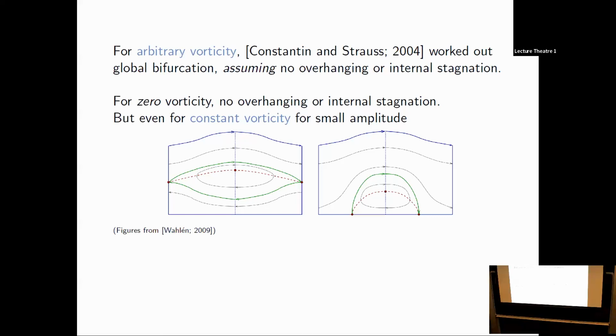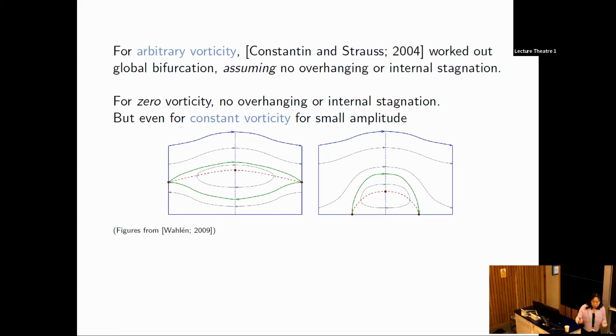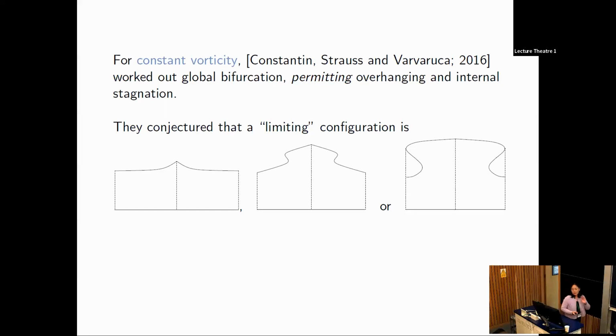But for non-zero vorticity, even in the simpler case of constant vorticity, and even for small amplitude, you can construct analytically solutions with a curve of interior stagnation. Now, more recently, Constantin, Strauss, and Varvaruca redid the global bifurcation analysis, now for only constant vorticity, but instead allowing overhanging profiles and interior stagnation points.